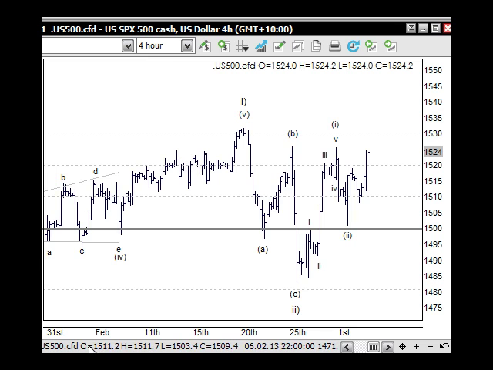So now looking at the S&P 500 on the intraday here, the wave count that we've had is still in good shape. As you can see, yesterday's conflict within the US between the president and Congress needs to unwind and get settled in some way.